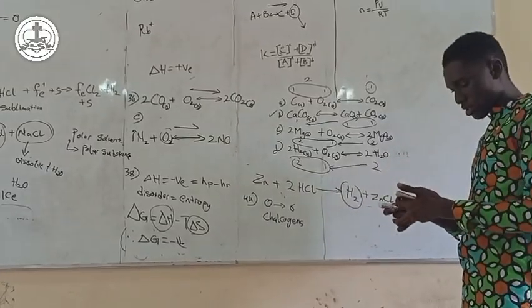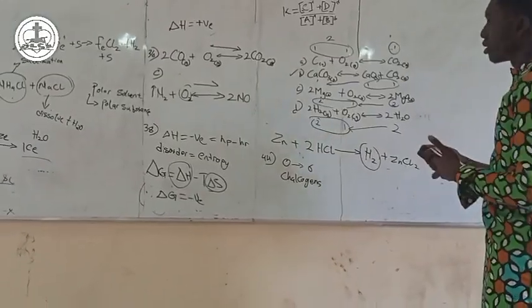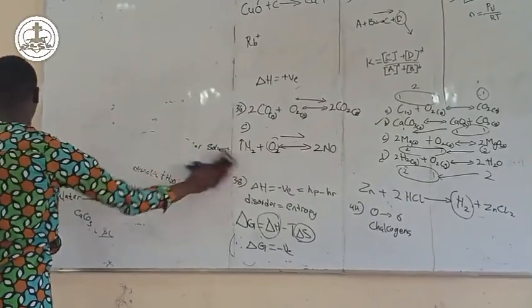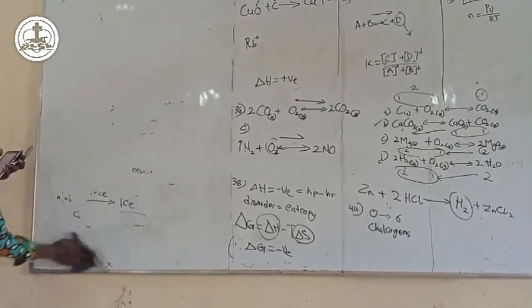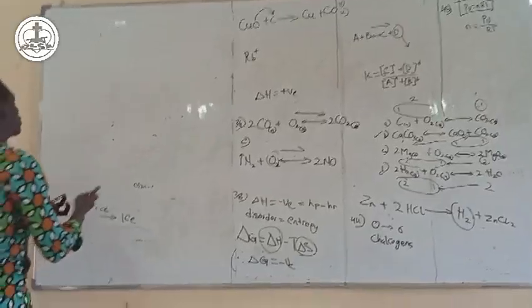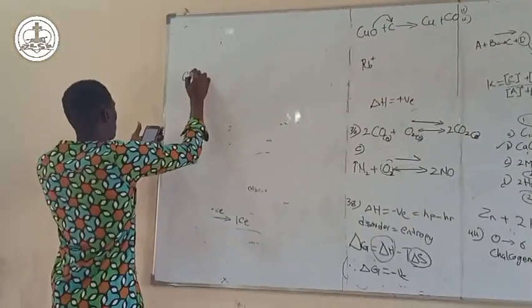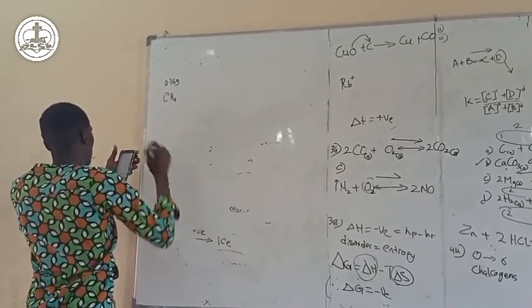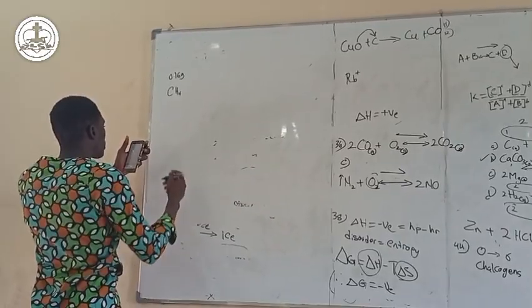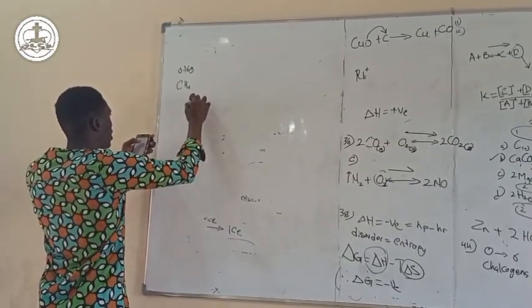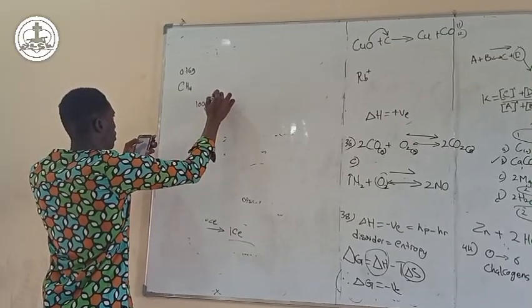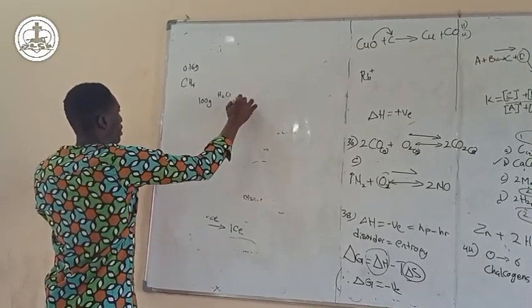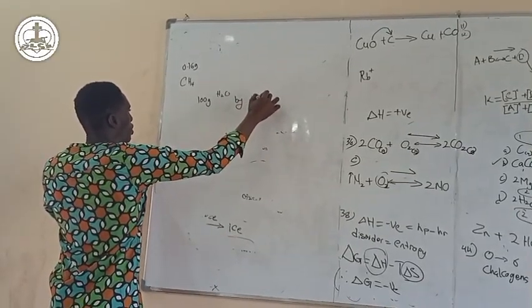Number 46. Question number 46 says 0.16 gram of methane was burnt. 0.16 gram of methane when burnt increases the temperature of 1 gram of water by 4 degrees Celsius.